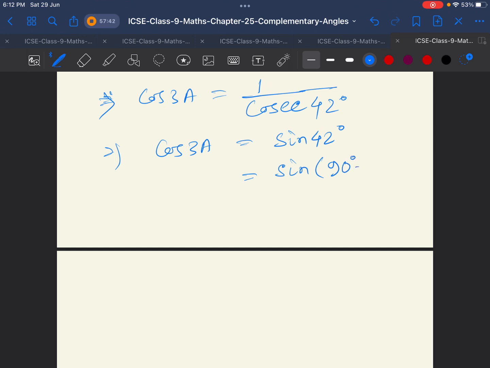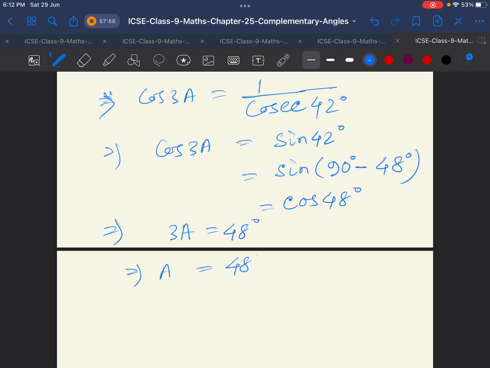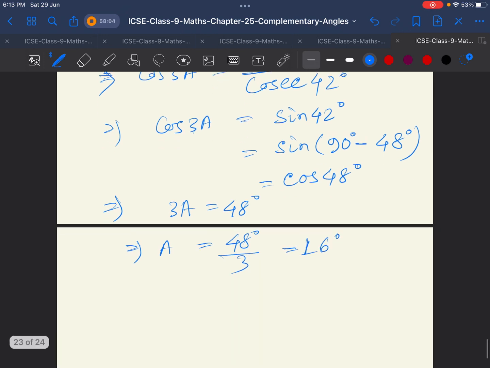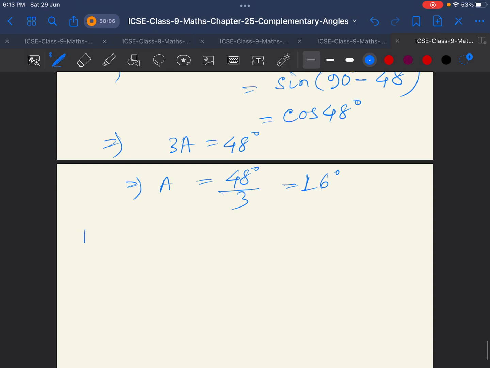We can write sine 90 minus 3A as cos of 3A. Shifting cosec 42 to the right hand side, cos of 3A equals 1 by cosec 42 degree, which is sine 42. Sine 42 we can write as sine of 90 minus 48 degree, which is cos of 48 degree. So 3A equals 48 degree, so A equals 48 degree by 3. So this will be 16 degree.